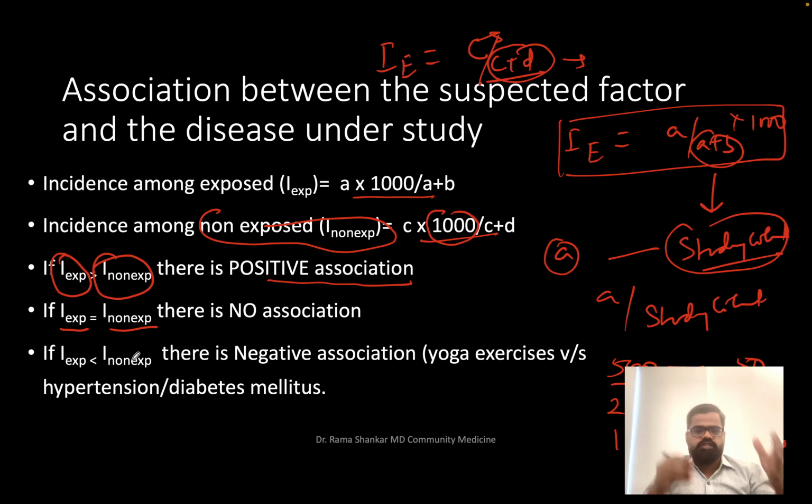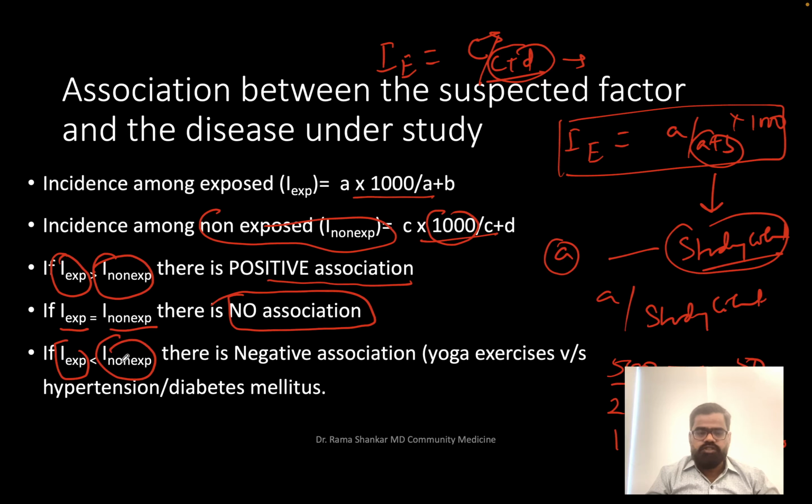You will not, because the control cohort, those not exposed to the risk factor, is also showing the same thing. So you cannot make any association; no association. If incidence in exposed is less than incidence in non-exposed, then it is a negative association.